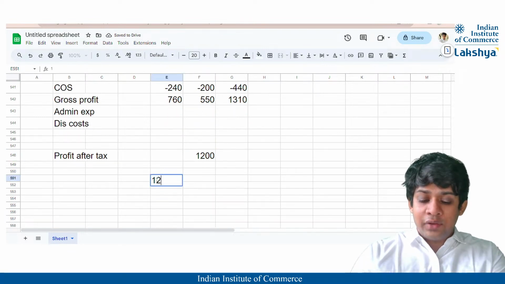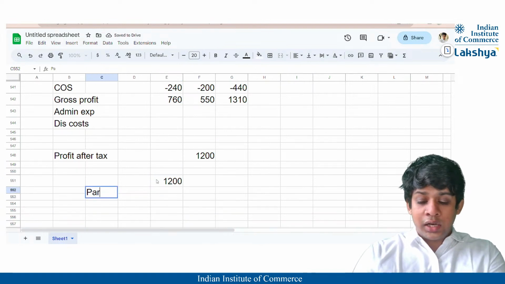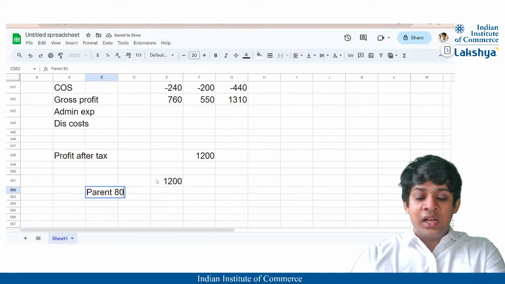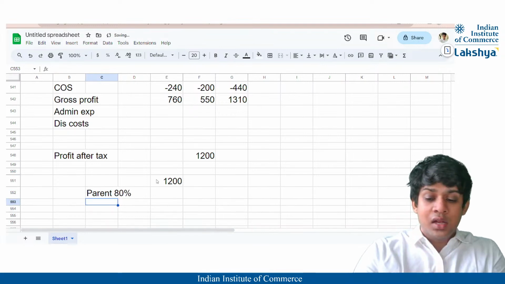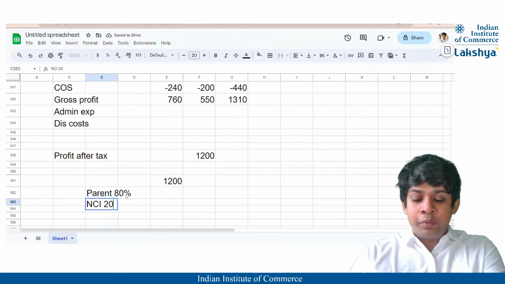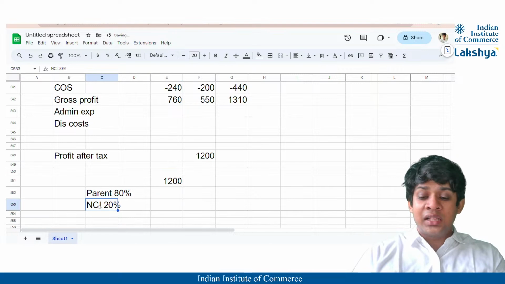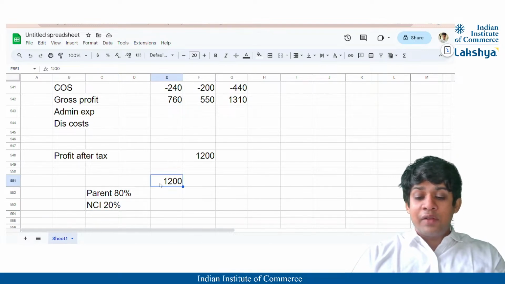Now, from this 1,200, some part of it belongs to the parent, because the parent has maybe say 80% shareholding in the subsidiary, and the remaining will belong to NCI, that is 20%. So whatever is the profit attributable to the parent and the subsidiary, after calculating the complete consolidation, we have to allocate to the NCI and the parent.